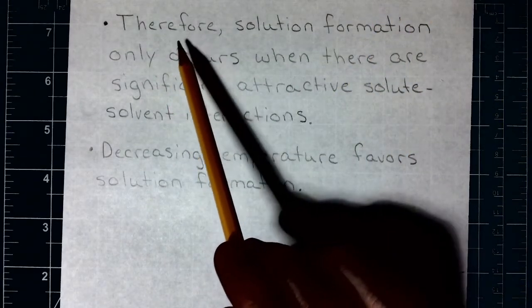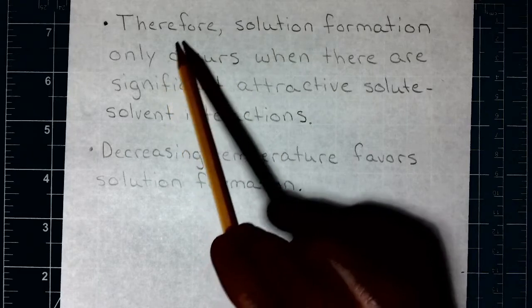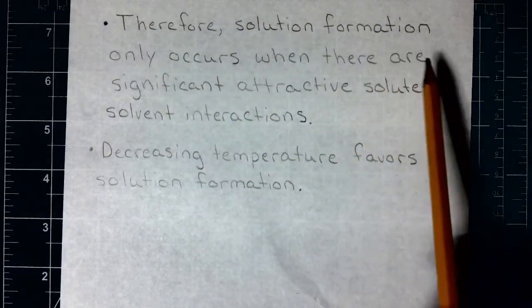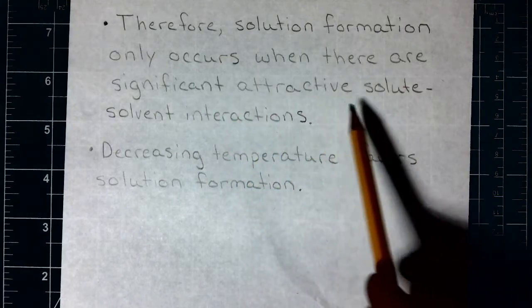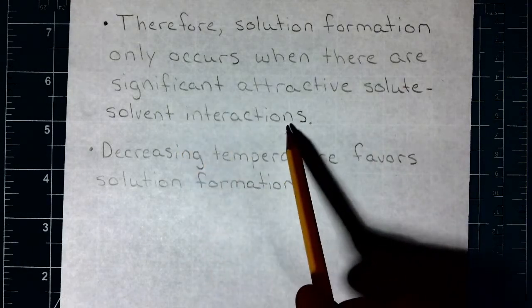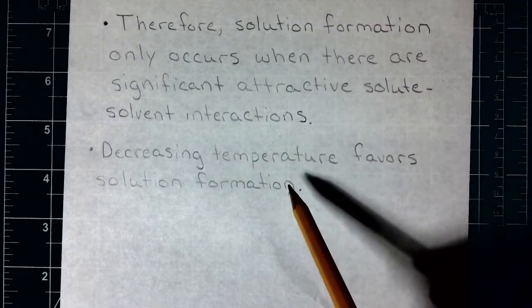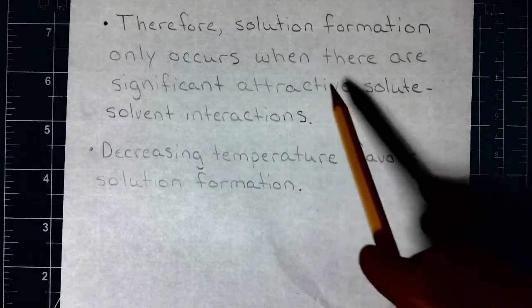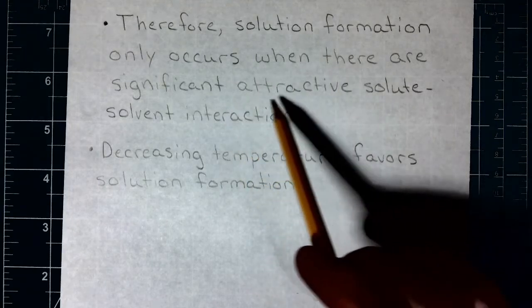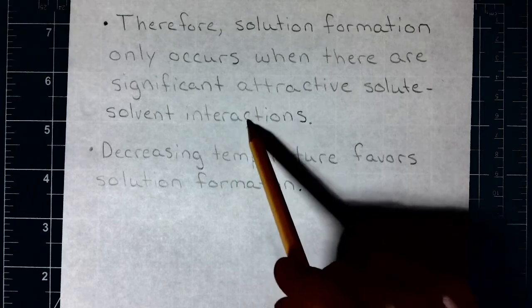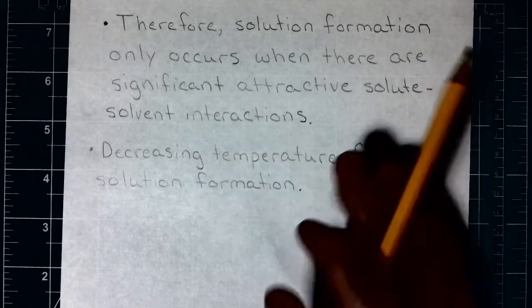Because the entropy doesn't favor the formation of solution, formation only occurs when there are significant attractive solute-solvent interactions. It's got to overcome that entropy term in order to get a very negative enthalpy term that's going to favor the formation of solution.